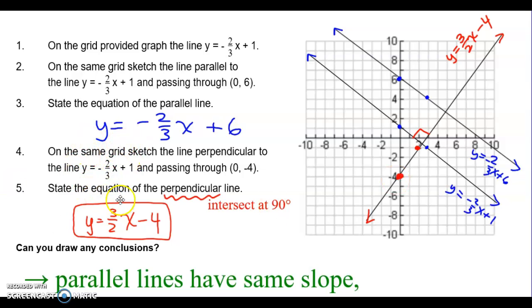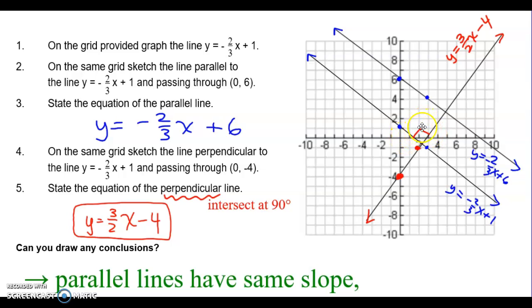I want the perpendicular slope, which means I'm going to change from negative to positive, and I'm going to flip my fraction. So I end up with a new slope of positive 3/2. From the point 0, negative 4, I'm going to rise 3, run 2, plot my second point, and connect. And there's my third line.